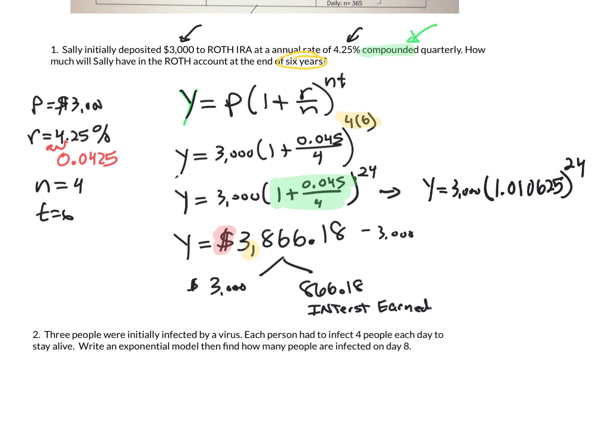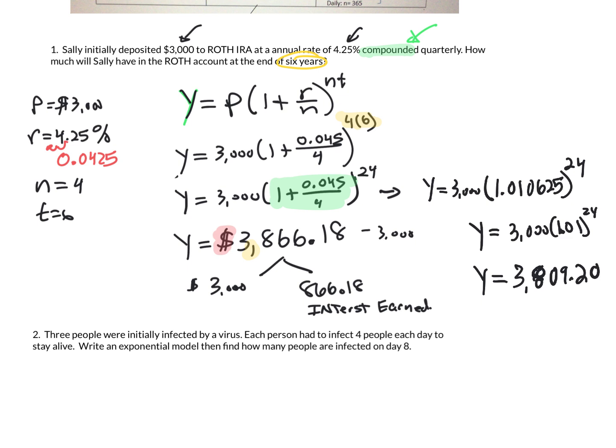So sometimes kids don't want to write out the whole decimal, so they'll just abbreviate, or I should say round, and they'll just say 1.01 to the 24th power. And you might say, well, is that okay? Well, if you actually punch that expression into your calculator, you get 3,809.20. Look at the difference.